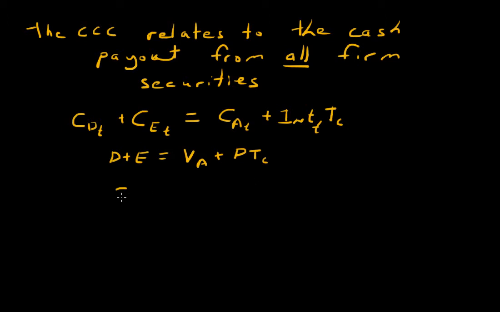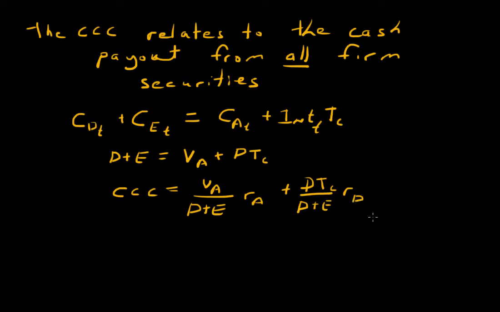If that's the case, with a little algebra we can rewrite CCC as the value of the assets divided by the firm value, multiplied by the rate of return on the assets, plus the value created by the interest tax shields divided by firm value, multiplied by RD, because recall that we were assuming the discount rate on the interest tax shield is RD.